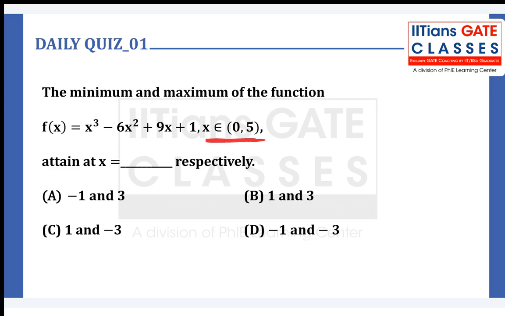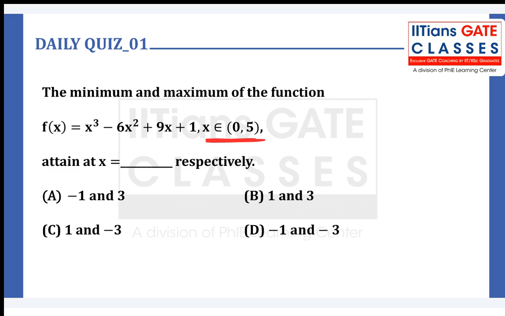So it's a standard problem, and the standard solution methodology is first you need to get the critical points for this f of x. That you do by differentiating once with respect to x and equating it to 0. Then you get the roots for that f dash of x equal to 0 equation, and we call those roots critical points.